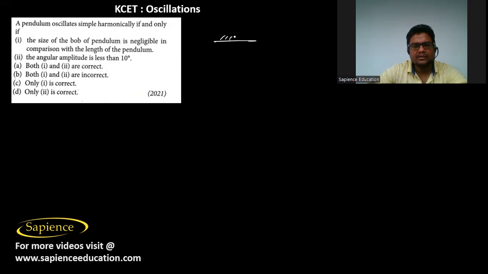It means the size, the radius of the bob, should be much less than the length of the pendulum, and it will oscillate simple harmonically if the angular amplitude is very small, less than 10 degrees.